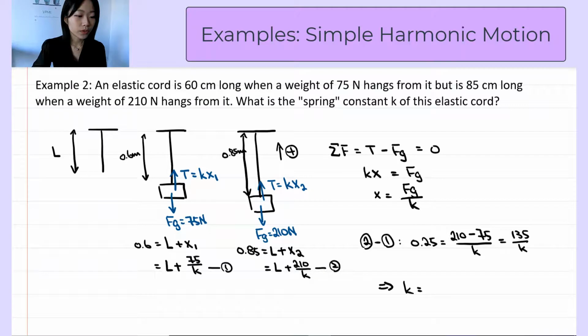It equals to 135 divided by 0.25, which equals to 540, and unit is newtons per meters.